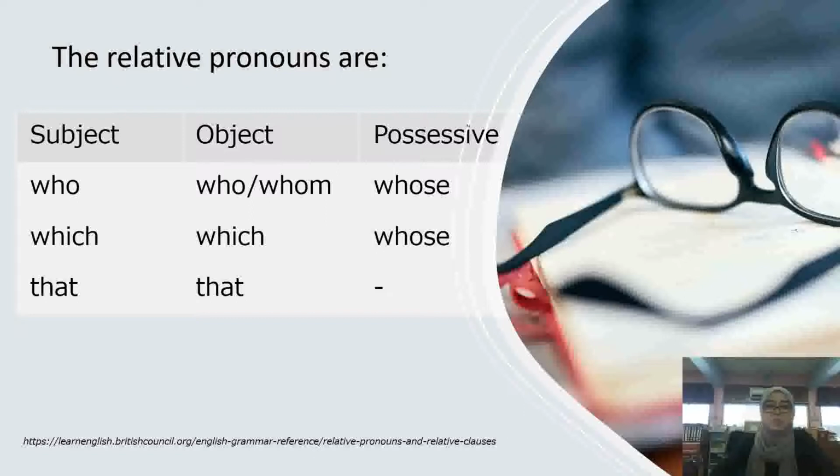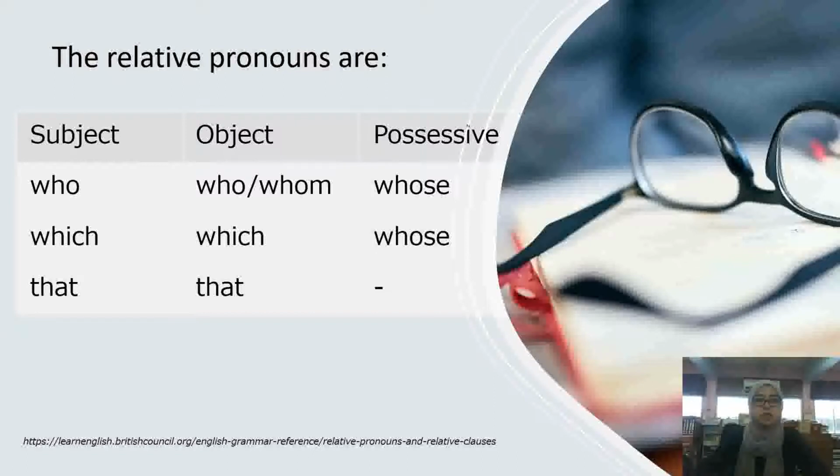We use who and whom for people. I repeat, we use the words who and whom for people. Remember the examples just now, like Marie Curie and Mr. Suresh, we use who because these are for people.